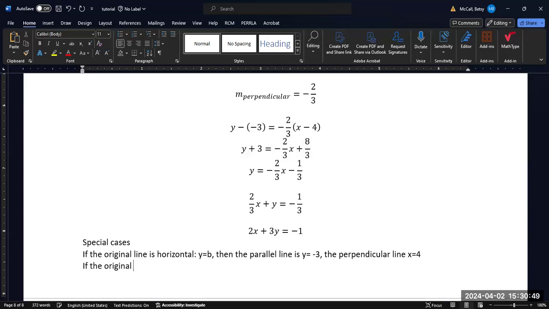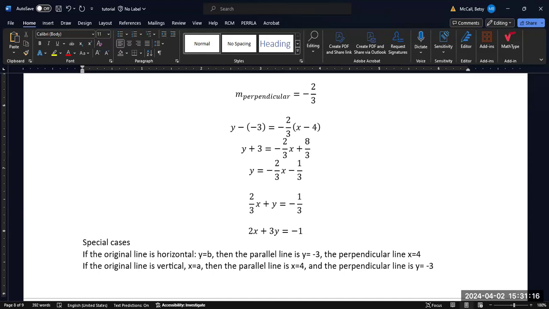If the original line is vertical, x equals a, then the parallel line is x equals, in this case, 4, and the perpendicular line is y equals, again, whatever the y coordinate of our point is.